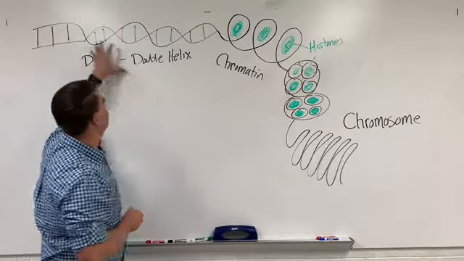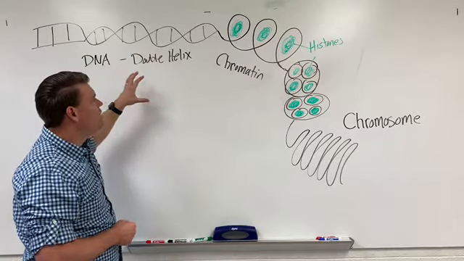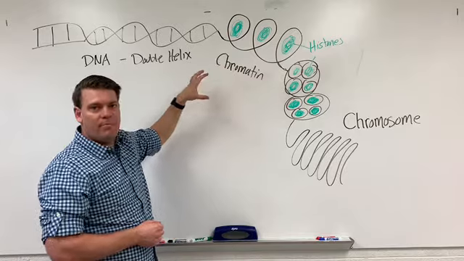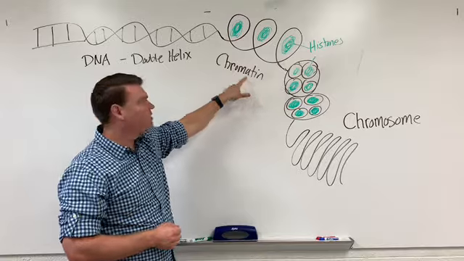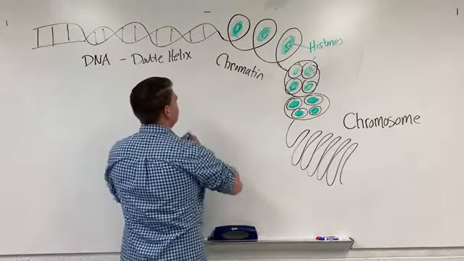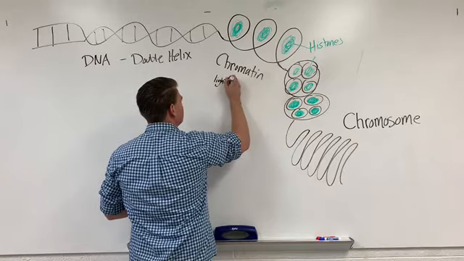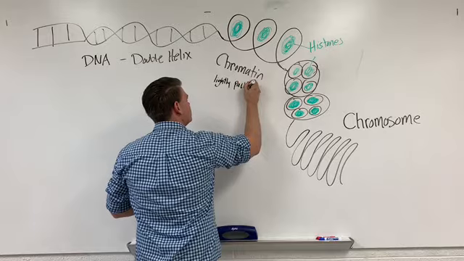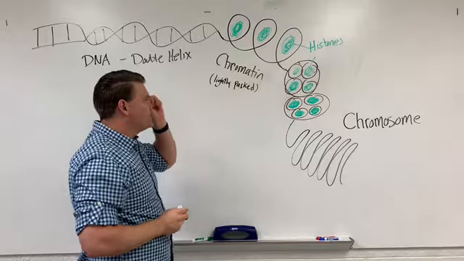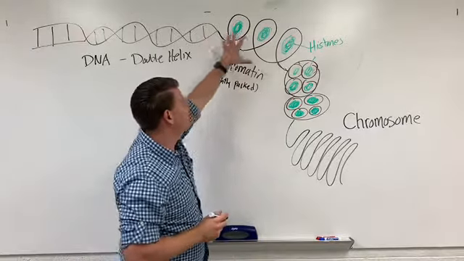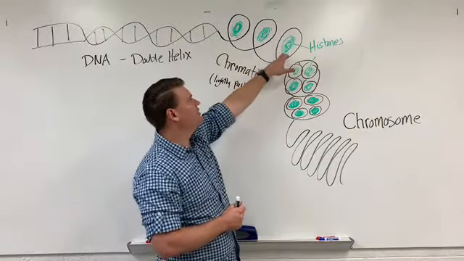If we have it in this very loose form, it's not going to all fit inside the cell. But if we start to pack the DNA, in this form we call chromatin, which is lightly packed DNA. We take the DNA and wrap it around these proteins called histones.